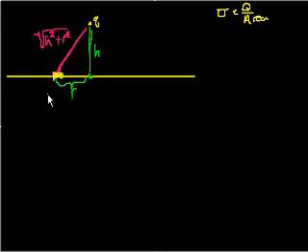And let's get a little bit of intuition. If this is a positive test charge, and this plate is positively charged, the force from just this area on the charge is going to be radially outward from this area. Let me do it in another color. It's going to go in that direction.